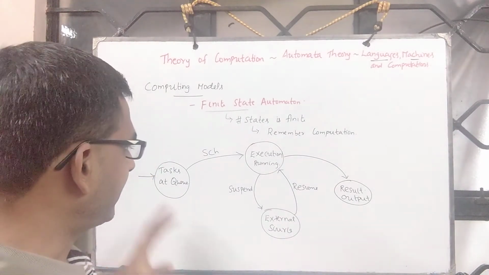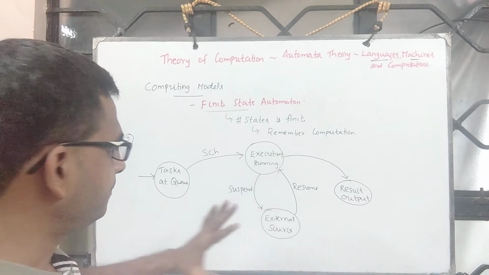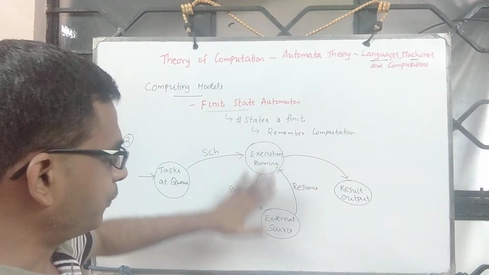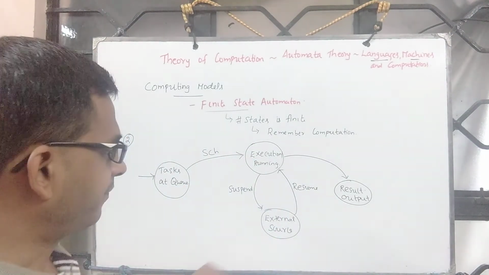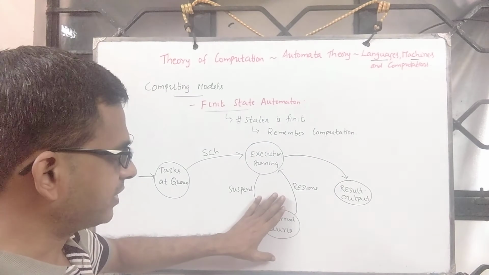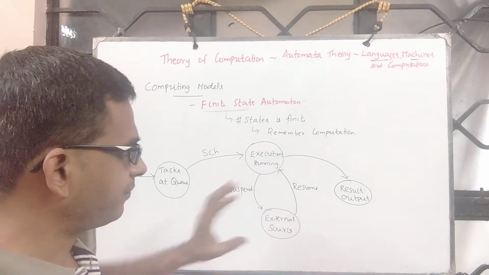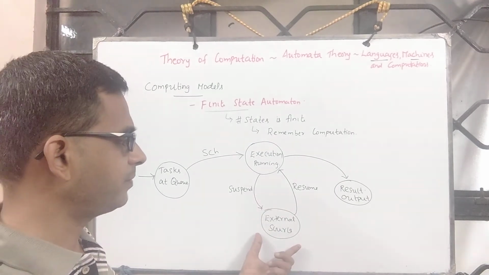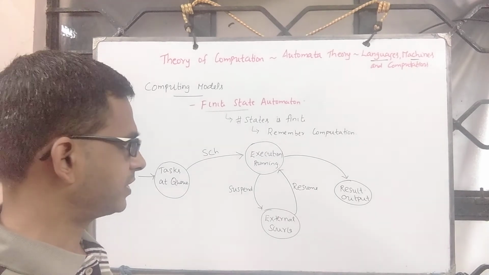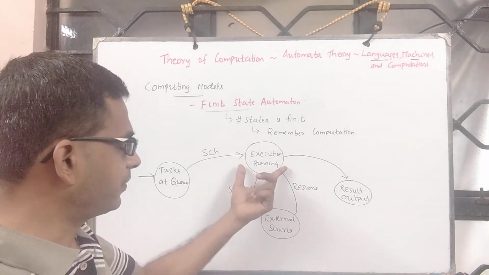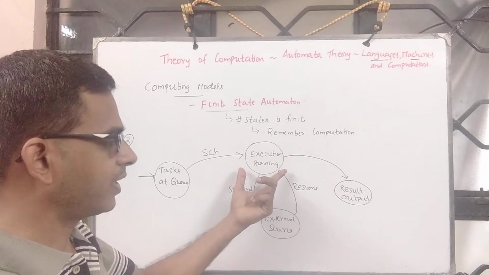Now you see that in this finite state machine, each state is trying to remember something. When I am here, I know the process in execution is in need of some input from an external source. And when it is here, I know the process is actually running.